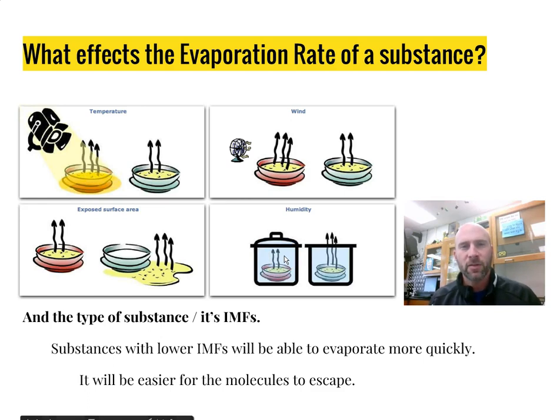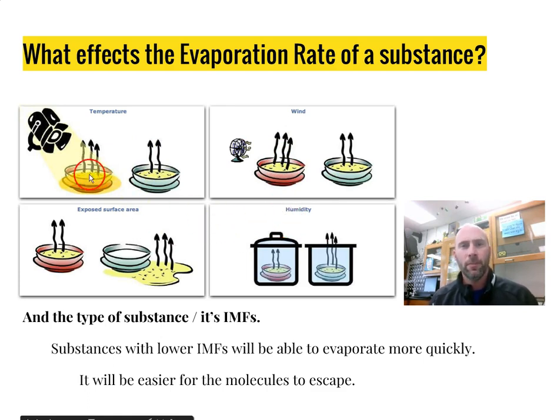Remember, those IMFs are those attractions in between molecules. If you have low IMFs, that essentially means that the molecules have a weak attraction, they're not going to be able to stay together quite as much. So these factors will have an easier time in aiding evaporation or preventing it from happening.